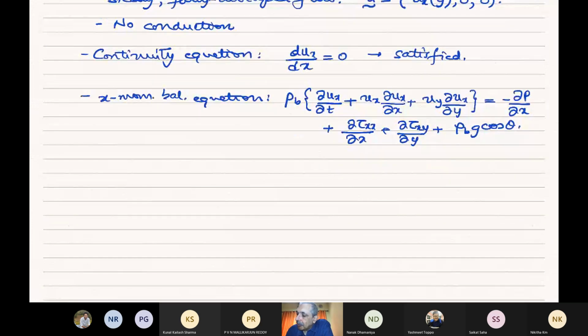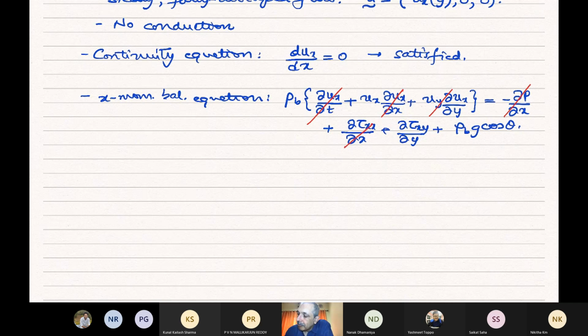But now, we can put red lines through everything. It's a steady flow, so this is 0. dux by dx is 0, so this is 0. uy is 0, so this is 0. There's no dependence on x, so this term will be 0. See, there's no dependence on x, so this term is 0.